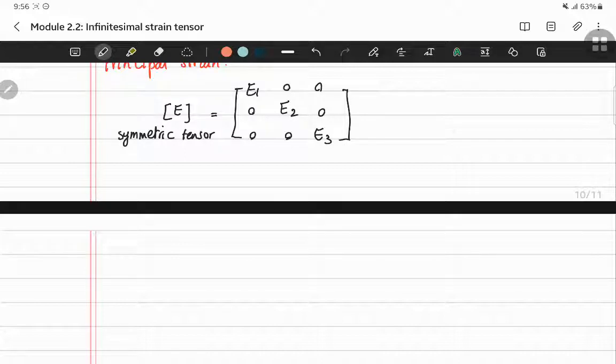So therefore, there exist three perpendicular directions in the deformed configuration. For example, you have x1, x2, and x3, which are your reference configuration.